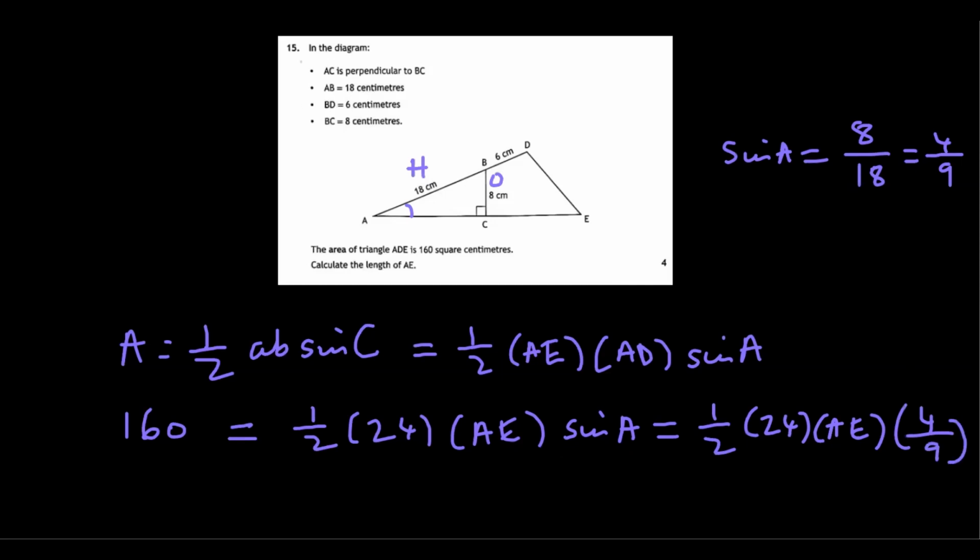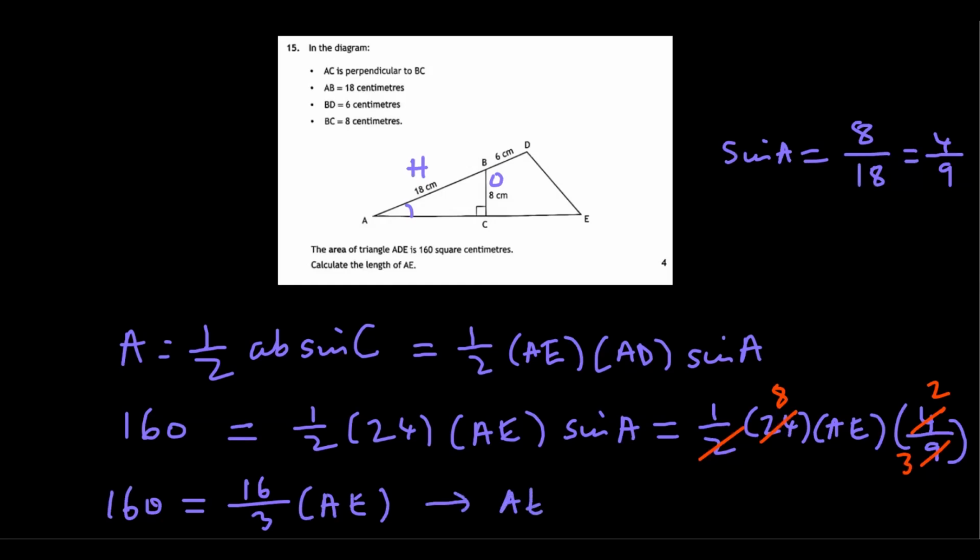And then we can actually just cancel the 2 from the 4. So that becomes 2. And then we can just cancel the 9, the 3, and the 24. So that becomes 8. And we end up with 160 equals, and then it would be 8 times 2 over 3. So 16 over 3 times AE.